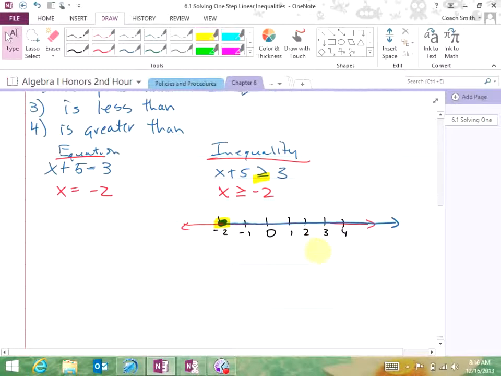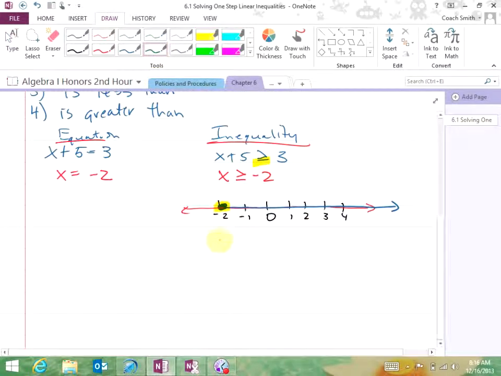If that had said x plus 5 is greater than 3, then x would be greater than negative 2. How you would do that one would be this way.